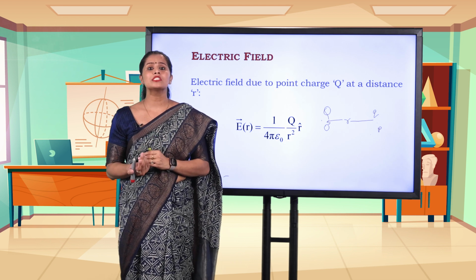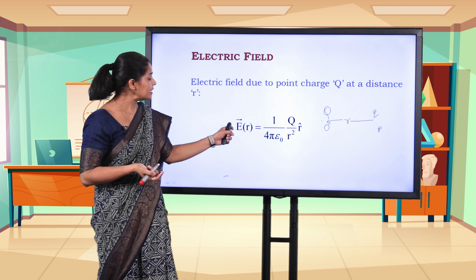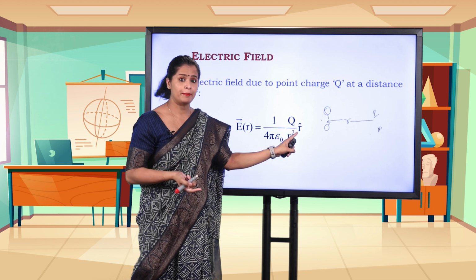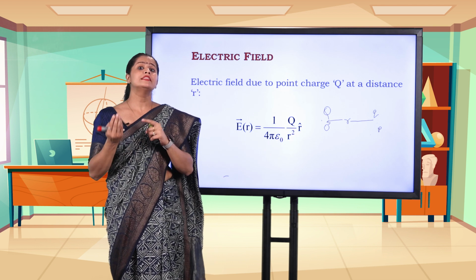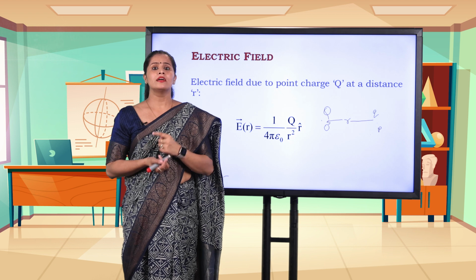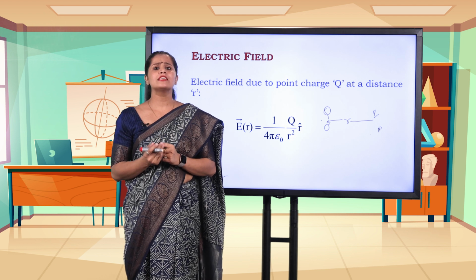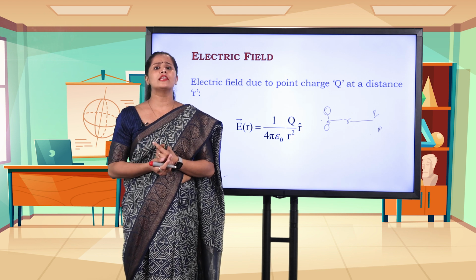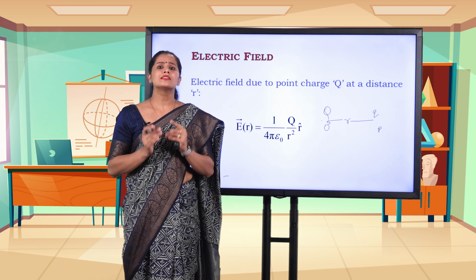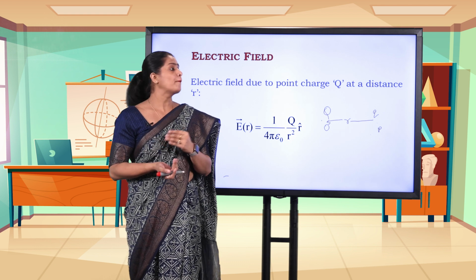The electric field produced by the charge capital Q at point r is given as E(r) equals 1 by 4 pi epsilon naught Q upon r square r cap, where r cap is the vector r upon the magnitude of r. It is a unit vector and it is from origin to the point r. Thus, the equation specifies the value of electric field for each value of the position vector r. The word field signifies how some distributed quantity, which could be a scalar or a vector, varies with the position.